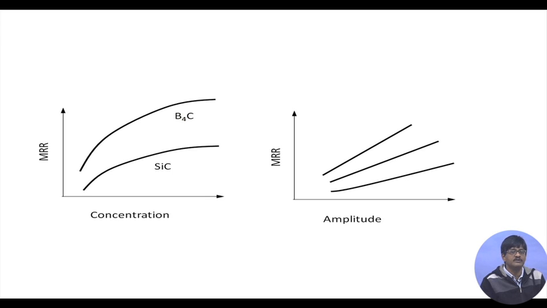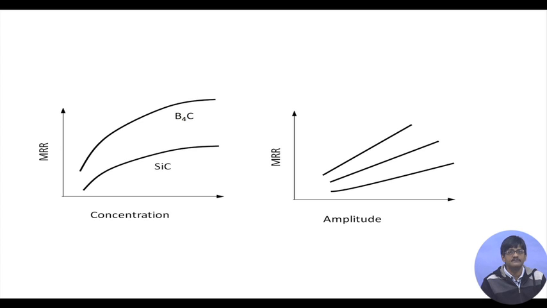That is why both these curves are showing a tendency to flatten after say 30% concentration has been attained. We also notice that for the same concentration, boron carbide is giving higher MRR compared to silicon carbide.